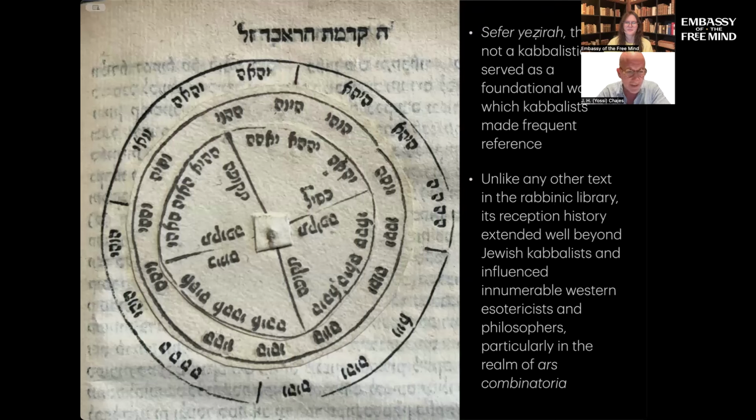Another friend and colleague of mine at Yale has been working on the influence of Kabbalah more generally, even on German idealist philosophy, and things go to places that we can hardly believe sometimes. Certainly, the entire long tradition of the combinatory arts was very much influenced by Sefer Yetzirah.